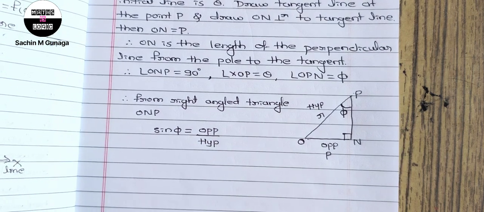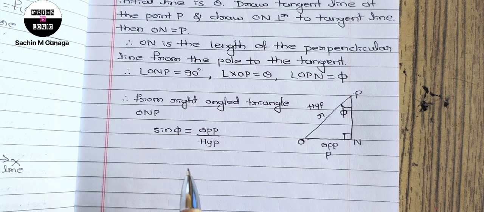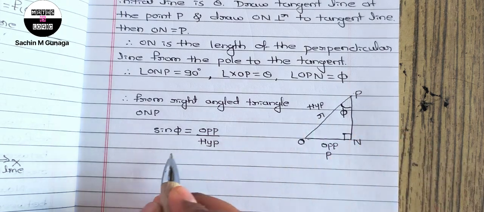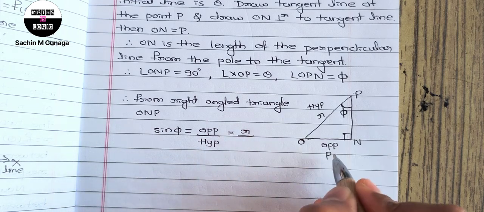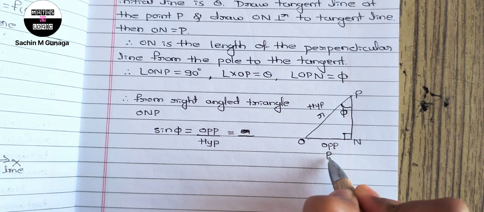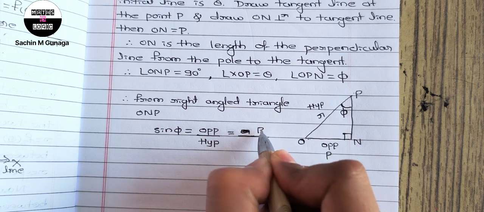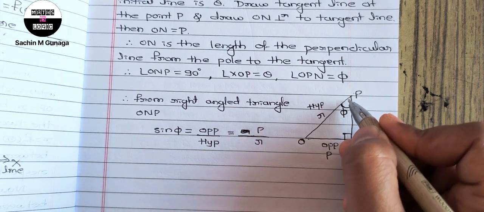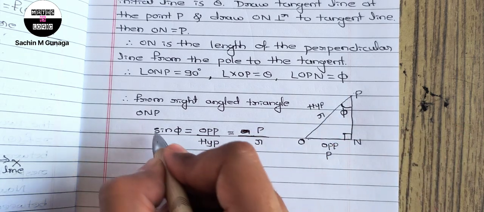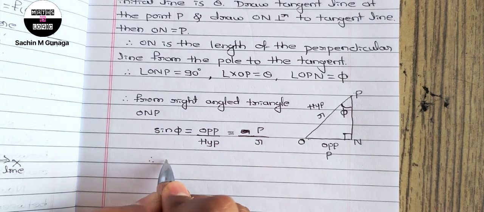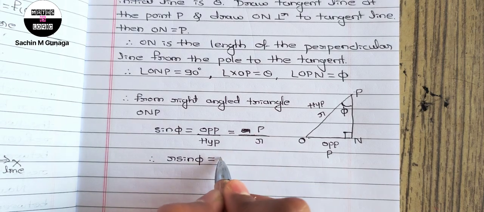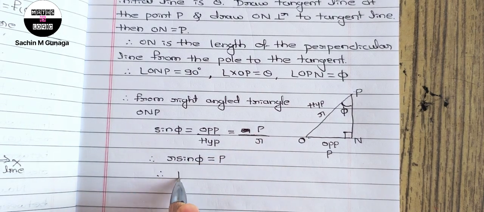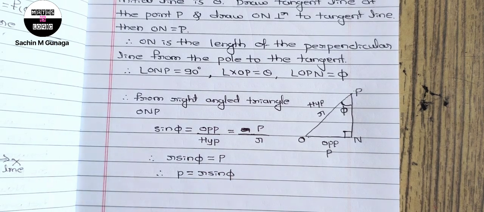The opposite side is p and the hypotenuse is r. So sin psi is equal to p divided by r. Do the cross multiplication. Therefore r into sin psi is equal to p. So p is equal to r sin psi.